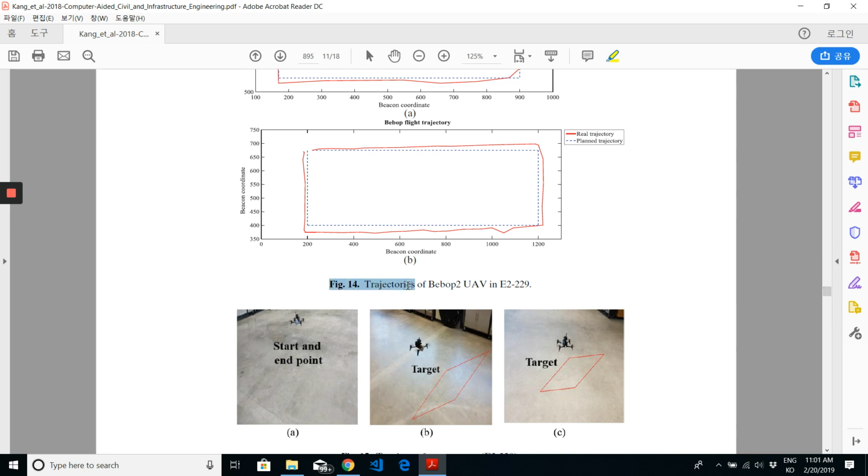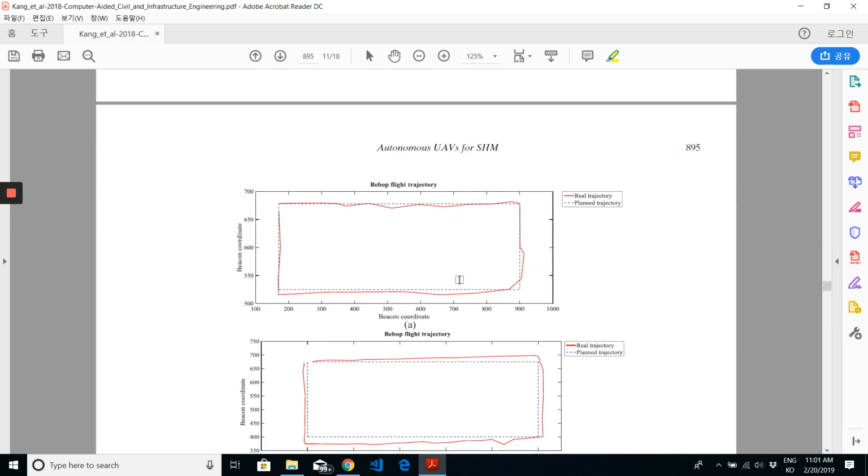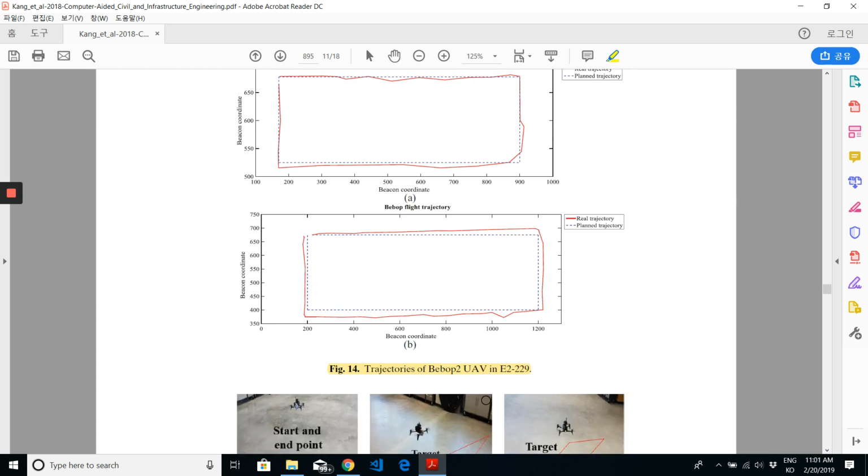And as a trajectory result, this is not that big an error.